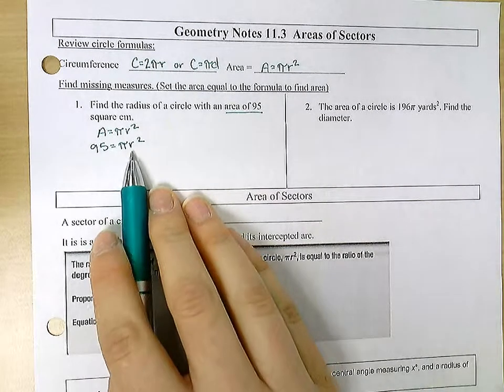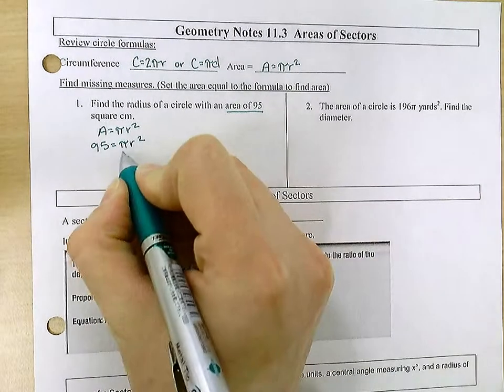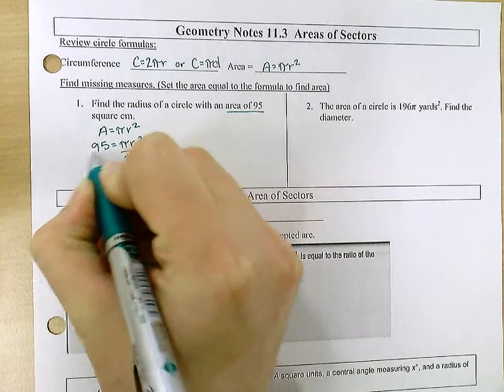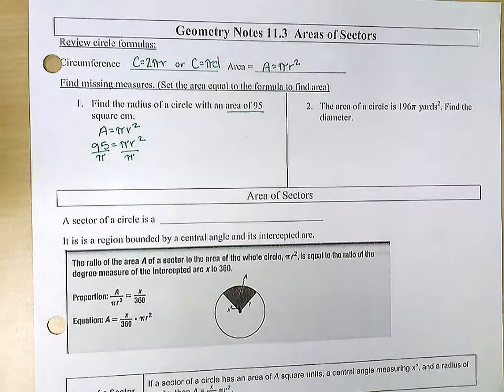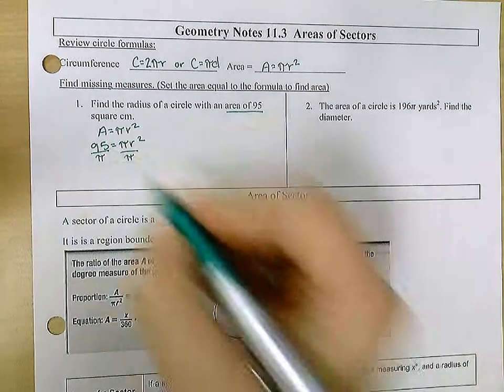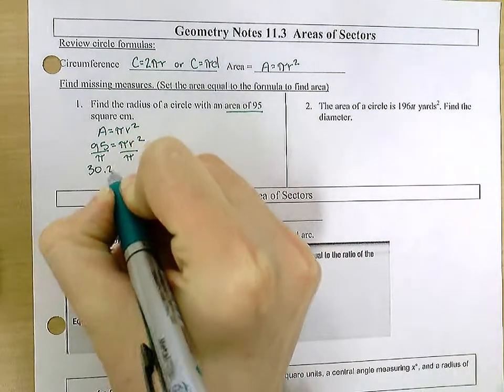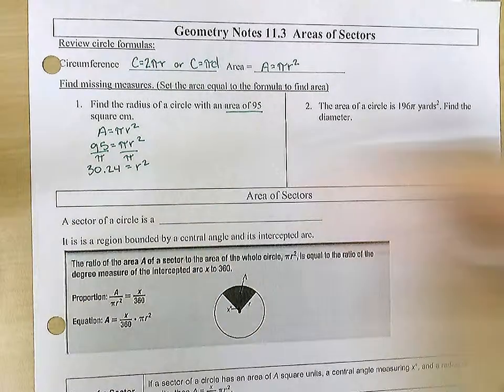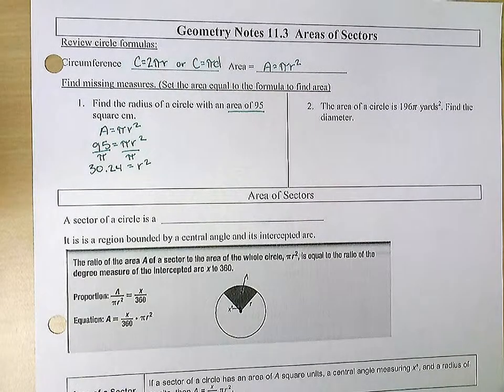From here, I want to get r squared by itself, so divide both sides by pi. I got about 30.24 after I divide.